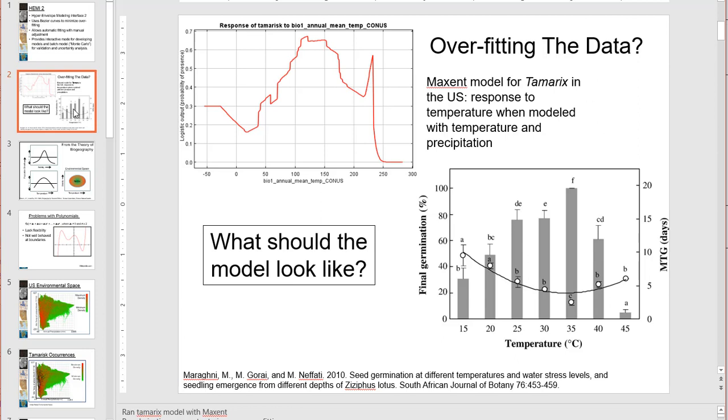So as I said in the previous presentation, the issue here is overfitting the data, and this is again Maxent in its default mode, which will tend to overfit. Next week we'll talk about how to prevent Maxent from doing that.